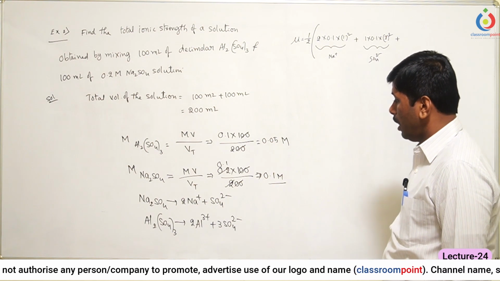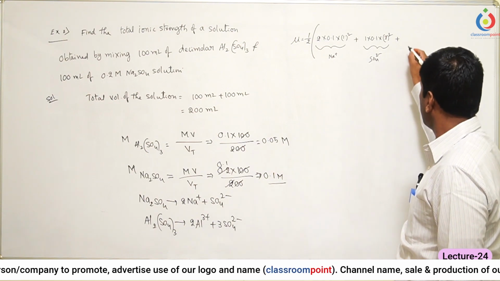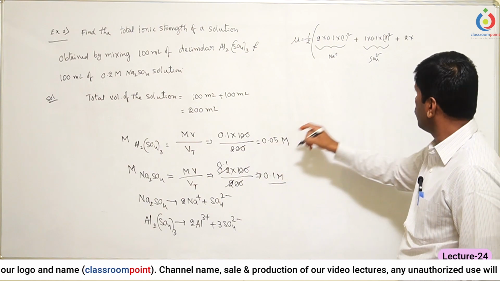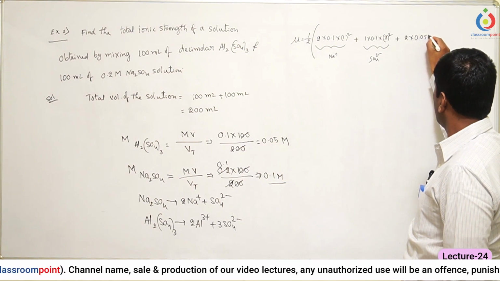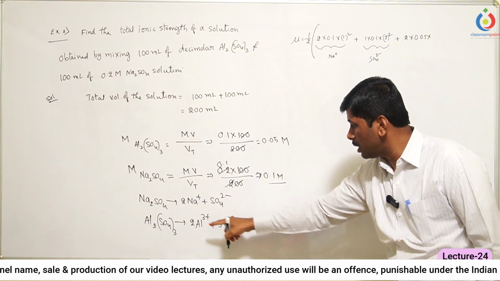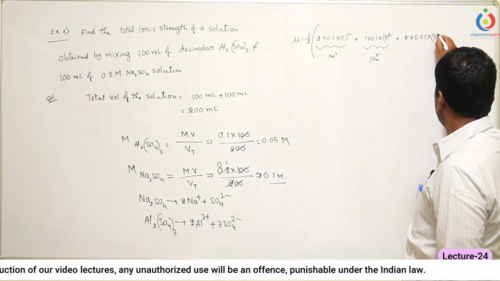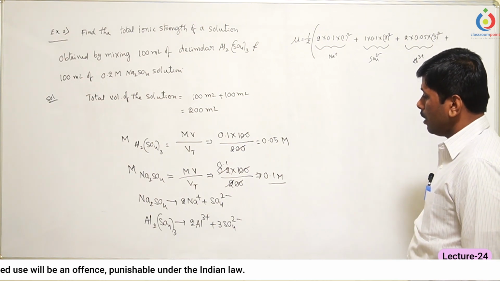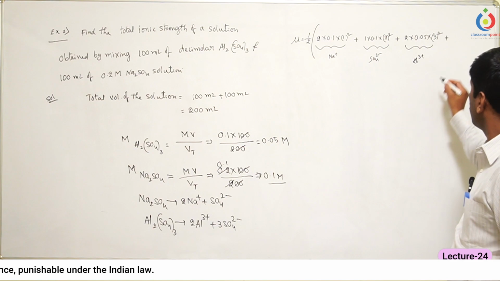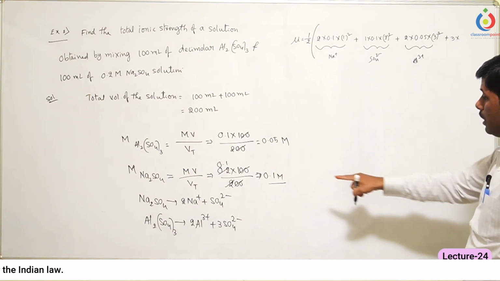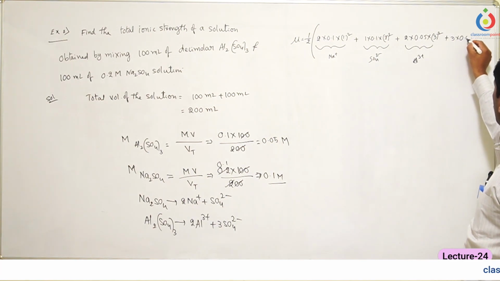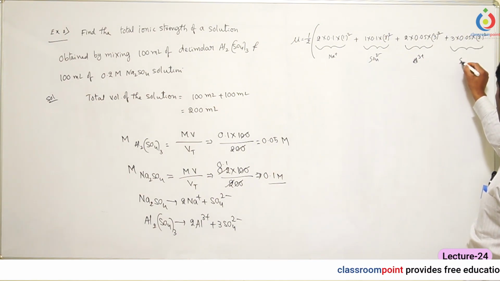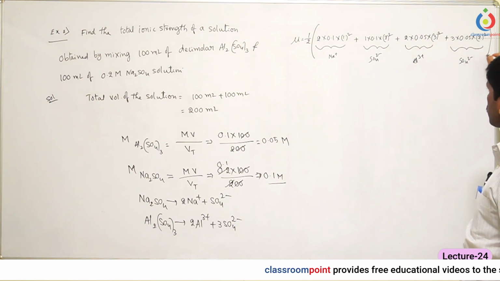Next, aluminum ion, 2 aluminum ions are there, so that 2 into each aluminum ion concentration is 0.05 into charge on every aluminum is 3, so that we can write down that 3 square. This is about the Al3 plus ion. Next sulfate ion, 3 sulfate ions are there, 3 into each sulfate ion concentration 0.05 into charge on sulfate ion is 2 square. So this is about the sulfate ion.